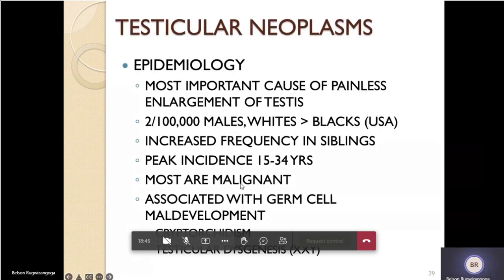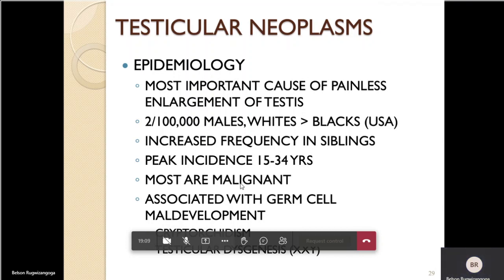So the testicular neoplasms, epidemiologically, are the most important cause of painless enlargement of the testis. So here there is a hint also: if there is a testicular enlargement and it is not painful, think about a tumor. Don't think first of an inflammation.